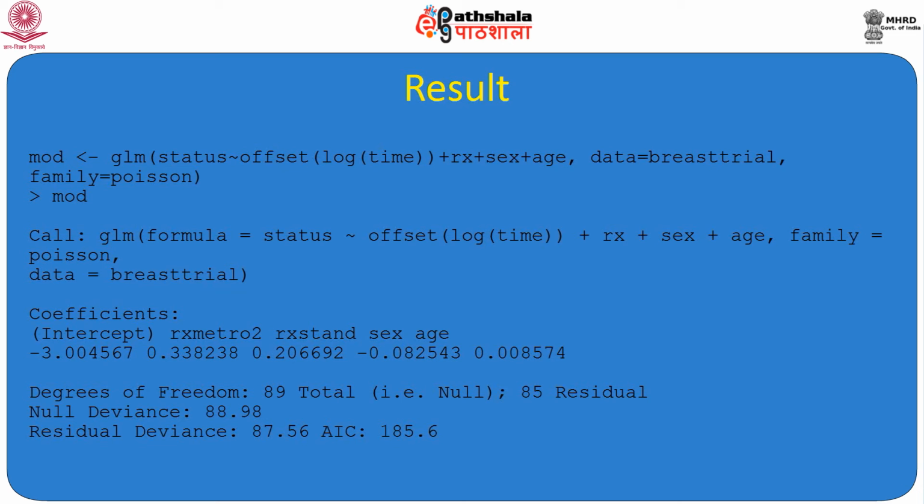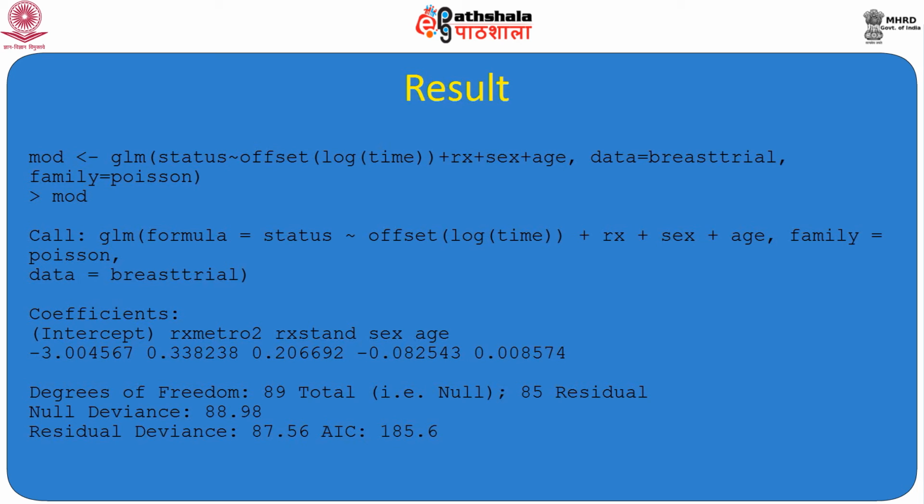For Rx metro we are getting 0.33, for Rx metro 2 we are getting 0.206692, for gender sex it is coming minus 0.082543, and age is coming 0.0085, with 89 degrees of freedom and 85 residual, and residual deviance coming 87.56, and AIC value, that is Akaike information criterion, is showing as 185.6.